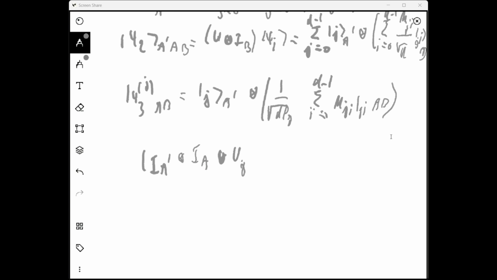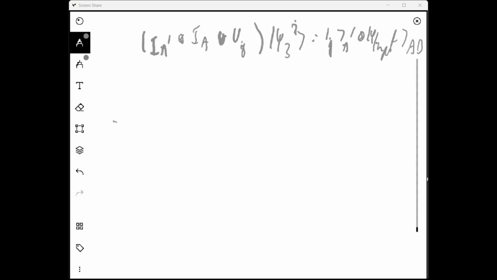So you just apply a correction if needed. And that's it. This way the protocol will succeed no matter what happens.